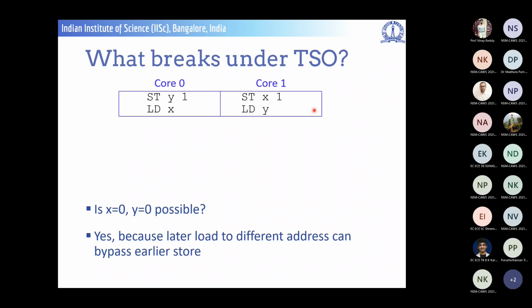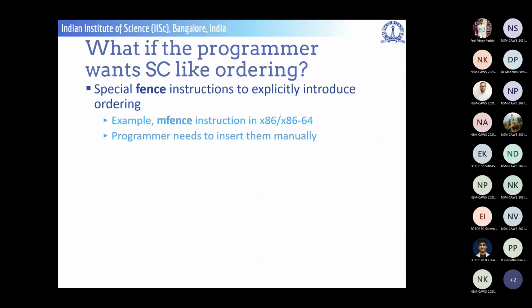So what can the programmer do? The processors that support a weaker model provide a special instruction, such as a fence instruction. For example, there is mfence in x86. But the programmer has to manually insert it. What the fence does is that if you put a fence between memory instructions, it will explicitly disallow any reordering, irrespective of what your memory consistency model says.